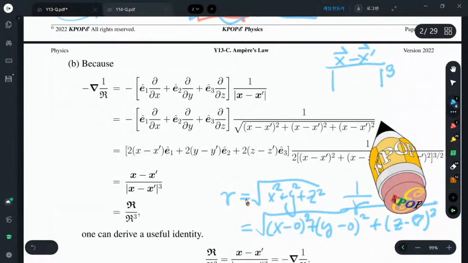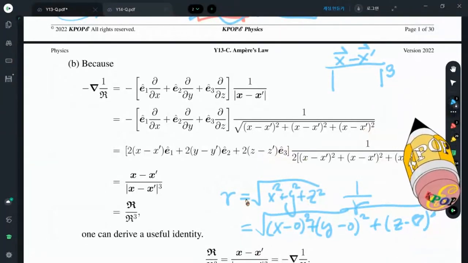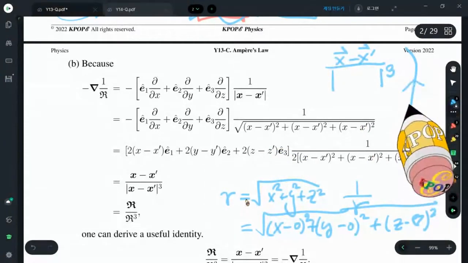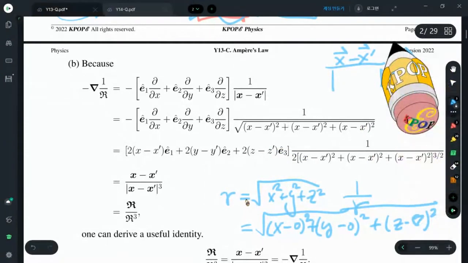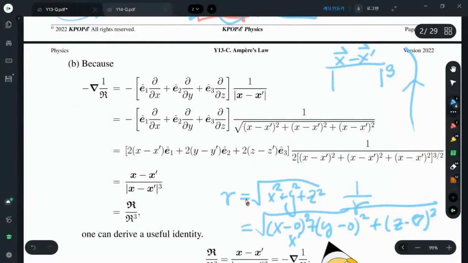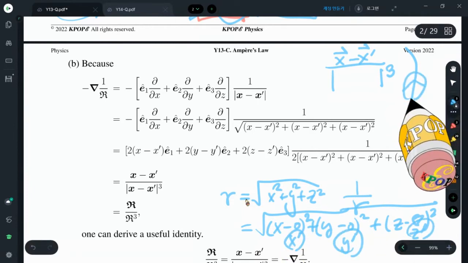However, because we have a distribution of current over space, we want to introduce the reference point by shifting from the origin to a point where the current source is placed.